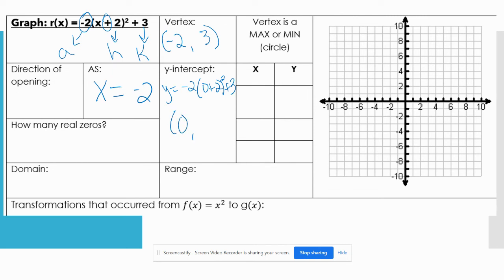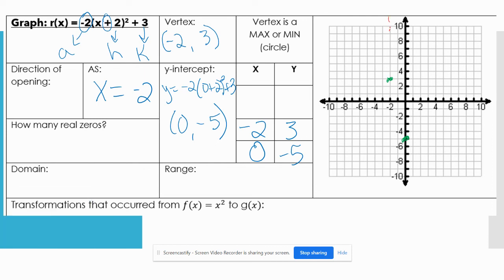We do that math either in our calculators or in our heads, and we get 0, -5. So I'm going to plug my vertex and my y-intercept into my table. Plot my vertex. -2, 3 is here. 0, -5 is here.